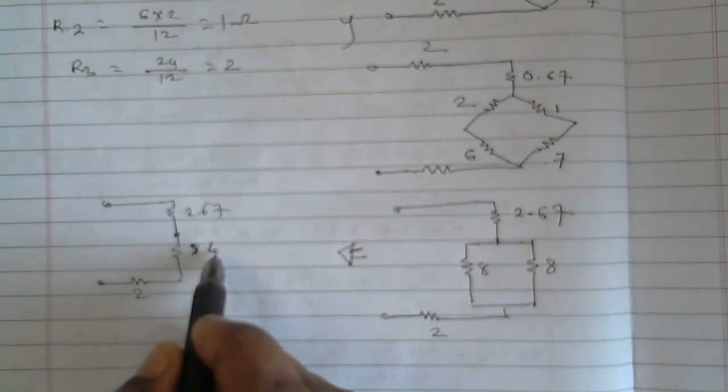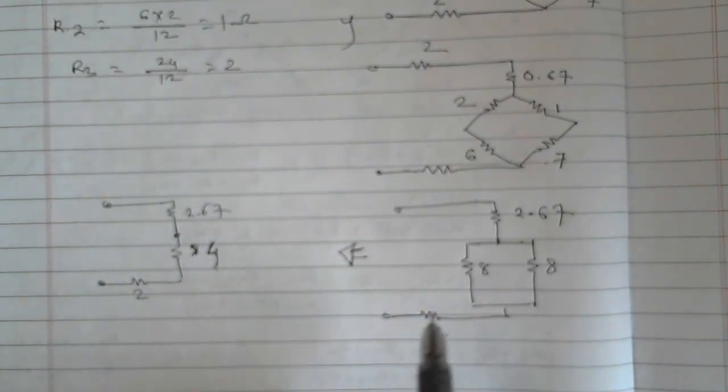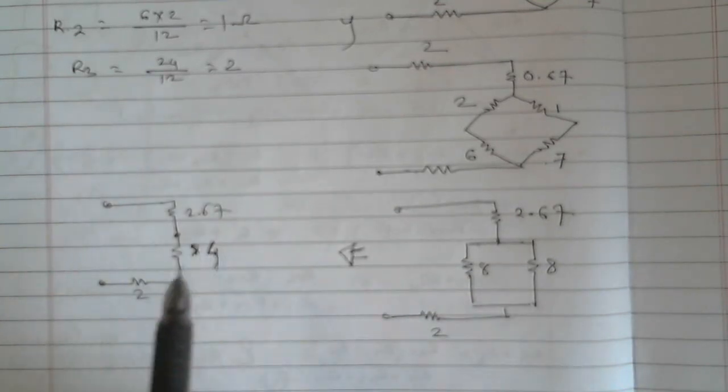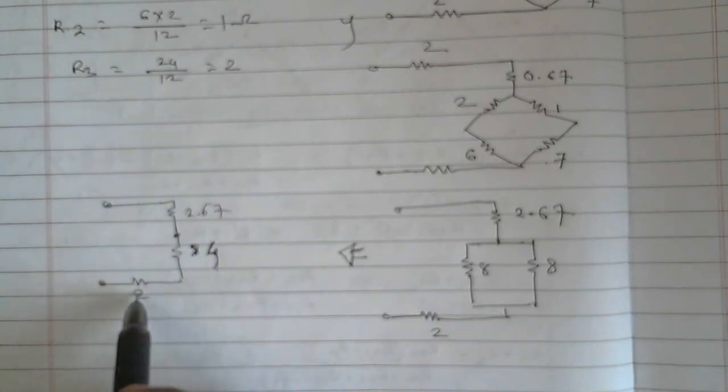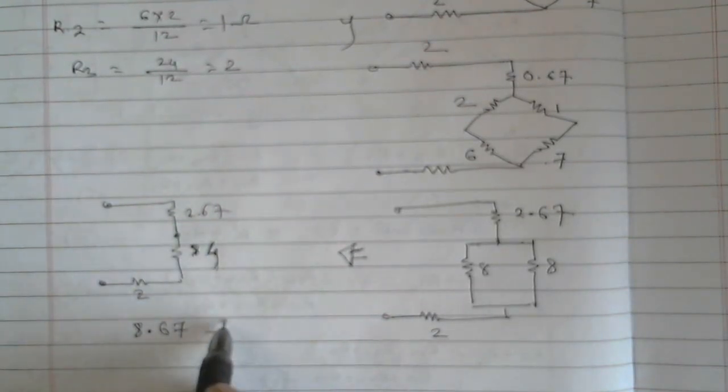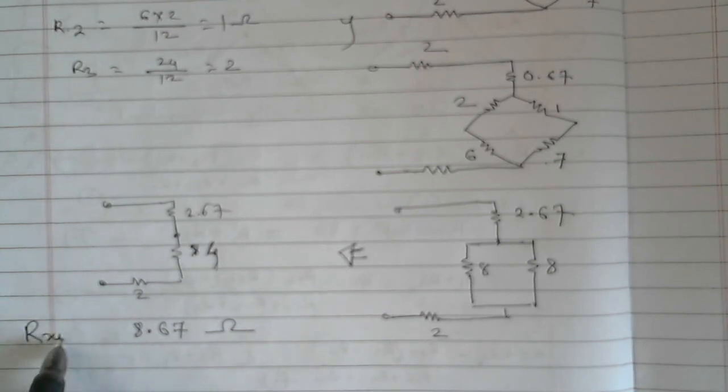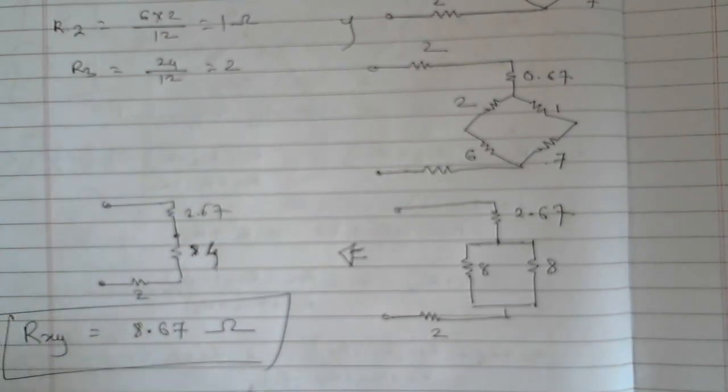Sorry, 8 and 8 becomes 4. I'm sorry, it is half, no? 8 and 8, so it is half, 4. So now 2.67 plus 4 plus 2 is 8.67. This is the equivalent resistance between X and Y.